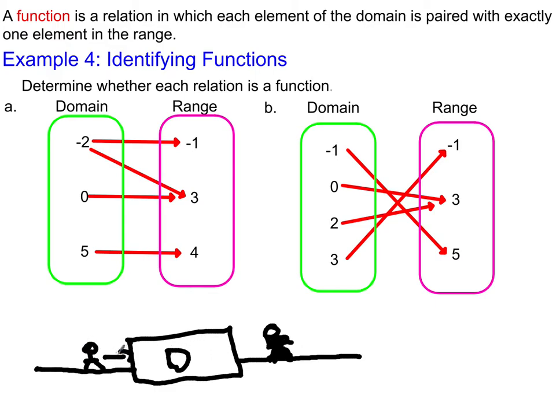If you put something in here, you need this machine to always put a dress on the doll, okay? You need it to do the same thing. It needs to take this doll and make that doll, okay? It can't take this doll and make a doll that has, let's just say, pants on it, okay? You need the machine to do only one thing. You need to have one output for each input, okay?